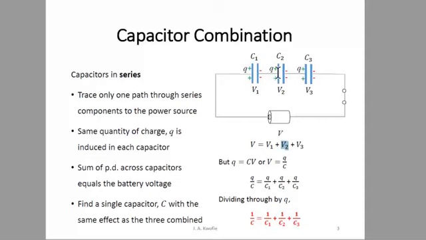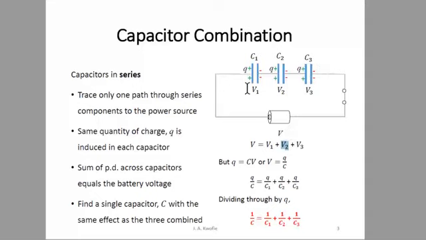If we've pulled 2 electrons from here, then this one will have 2 positive charges, which will induce 2 negative charges here. These negative charges would have been pulled from the other plate, which will be positive. This one will induce the last set of negative charges, which will be pulled from the negative terminal of the battery.